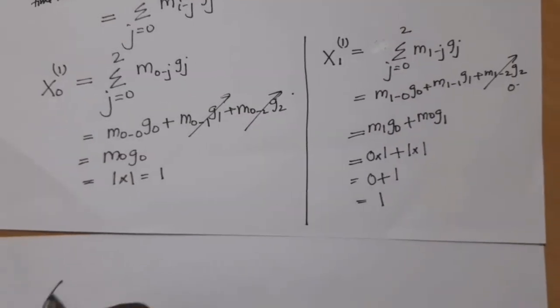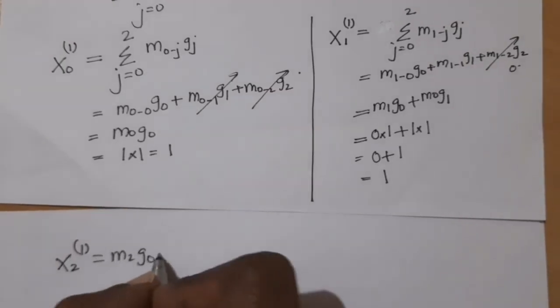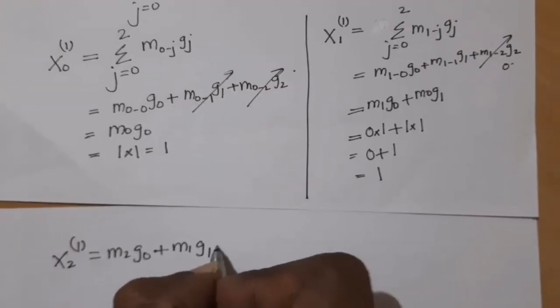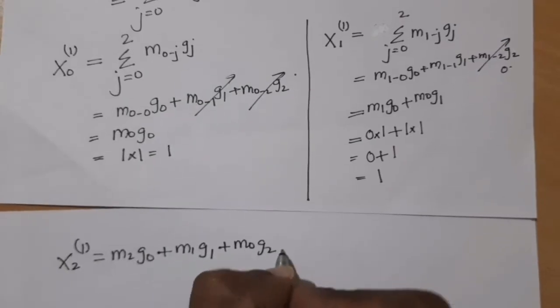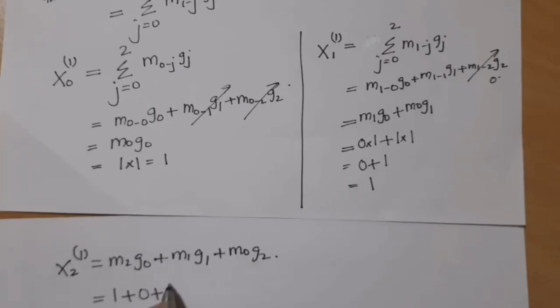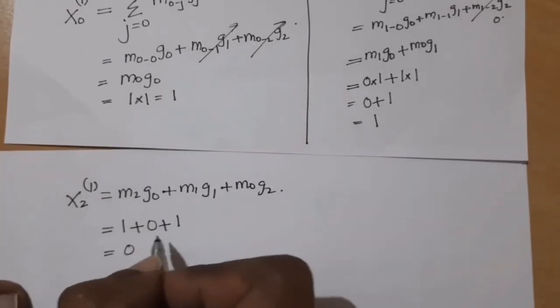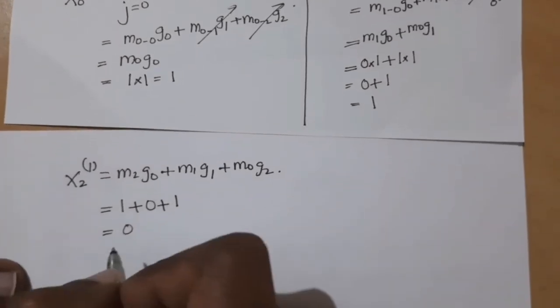Now similarly, x2 of 1 is m2 g0 plus m1 g1 plus m0 g2. So this equals 1 plus 0 plus 1, which is equal to 0. 1 plus 1 is 0, right? Modulo 2 addition, 1 plus 1 is 0.